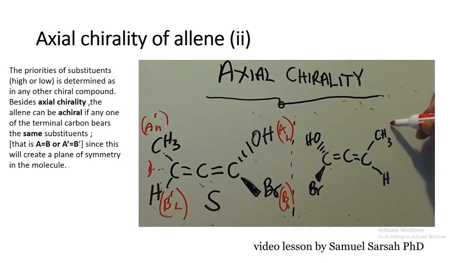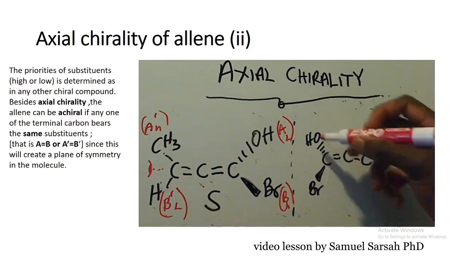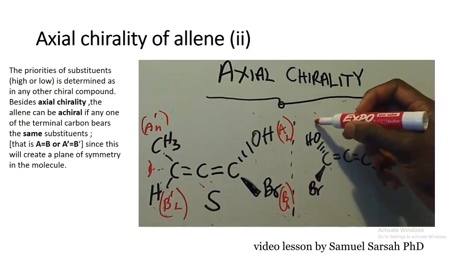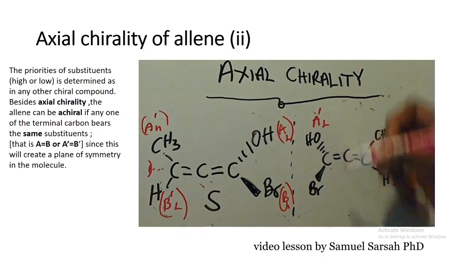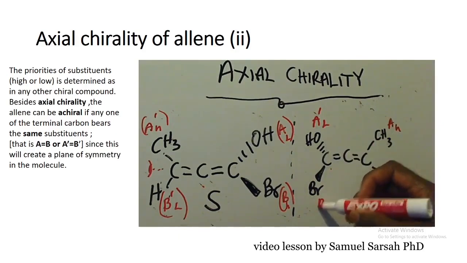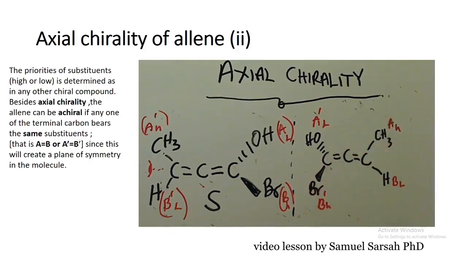So on this carbon we have the methyl group is my high priority, and the hydrogen is my lower priority. And then on this carbon, this is going to be my lower priority, and this is going to be my high priority. The bromine has a high priority over the OH.